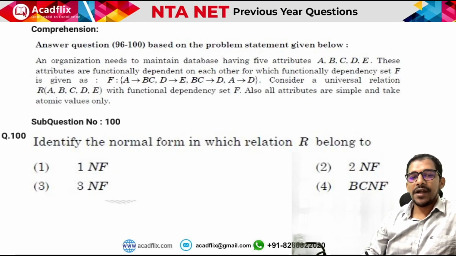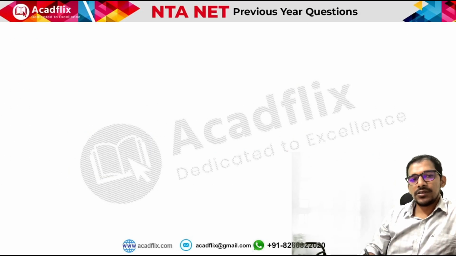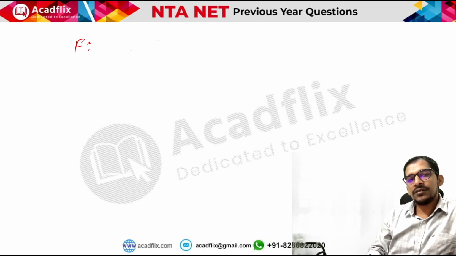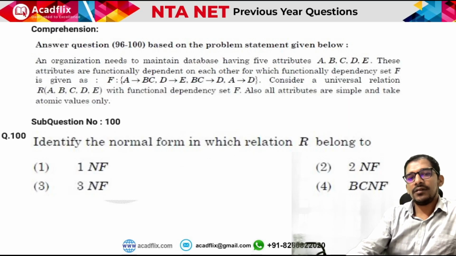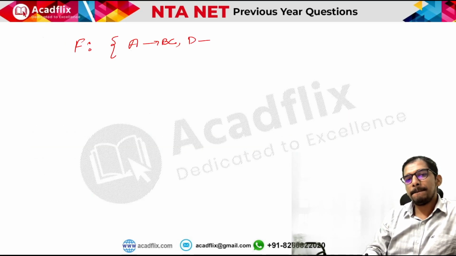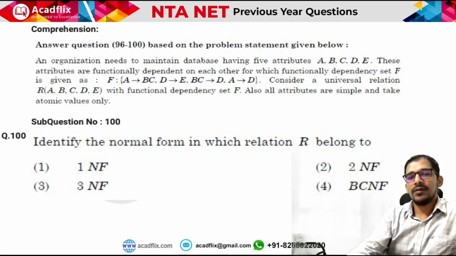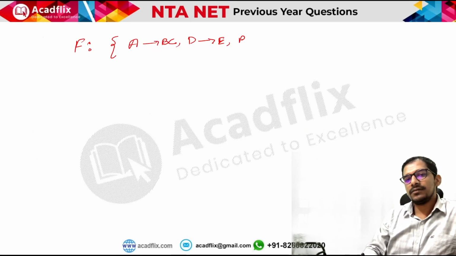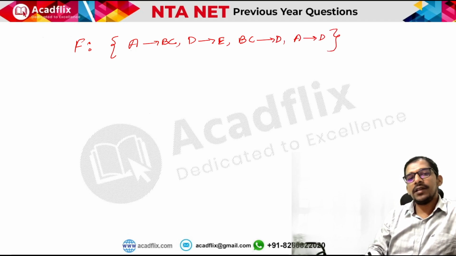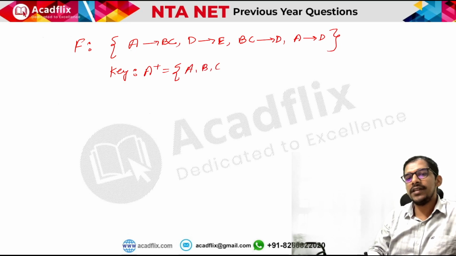Now the last question is: identify the normal form in which the relation R belongs, the original relation they are talking about. The set of functional dependencies in the original relation was A tends to BC, D tends to E, BC tends to D, and A tends to D. We have already found out that the key for this relation is A, because A can determine all the attributes, and there is no other key in this relation.